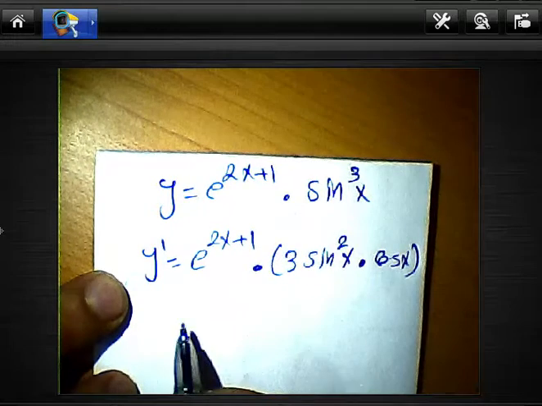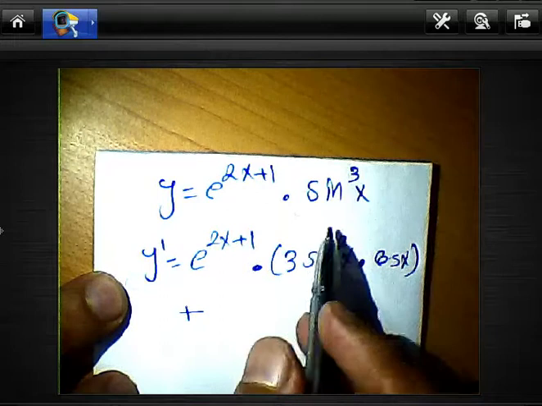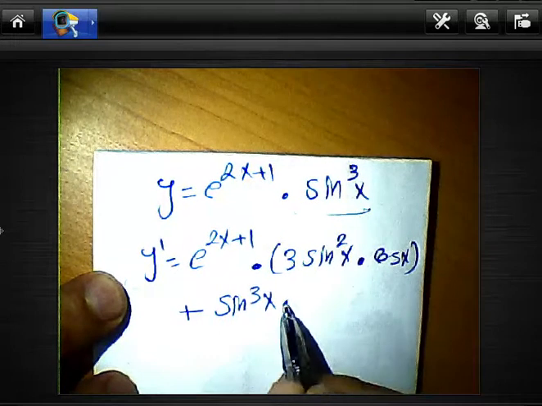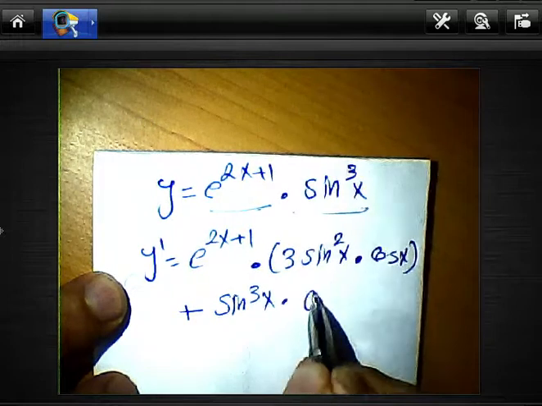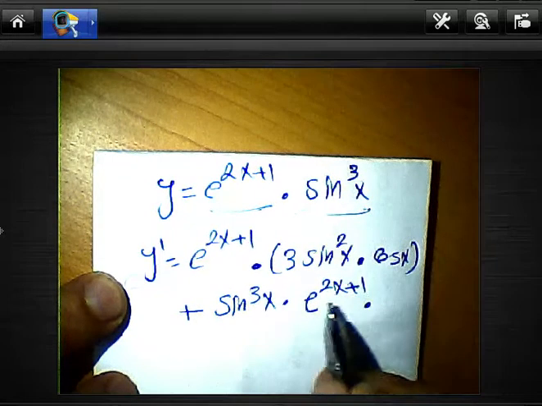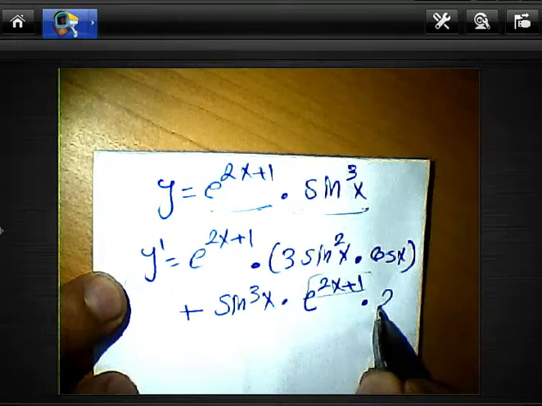Plus we write the second, sine power 3x, multiplied by the derivative of the first, e power 2x plus 1, multiplied by the derivative of this expression, which will be 2.